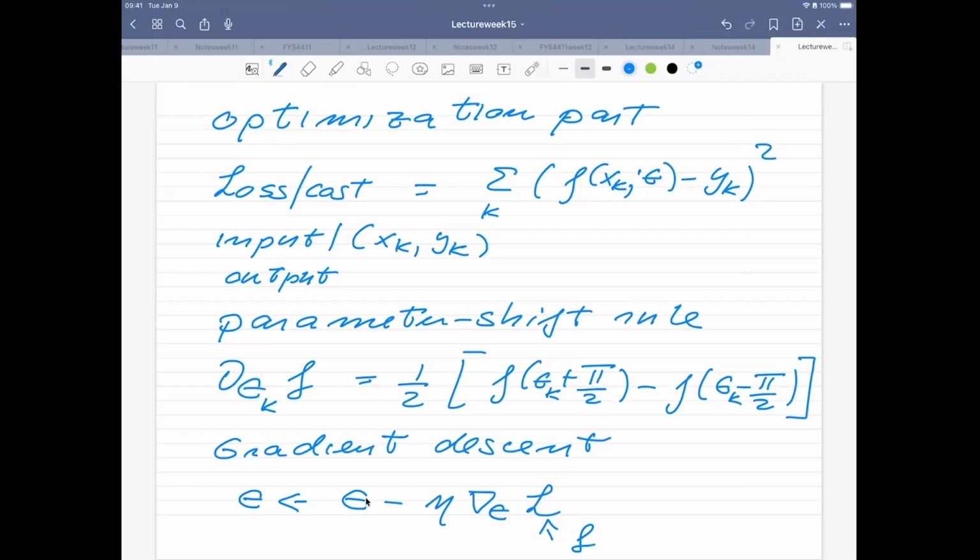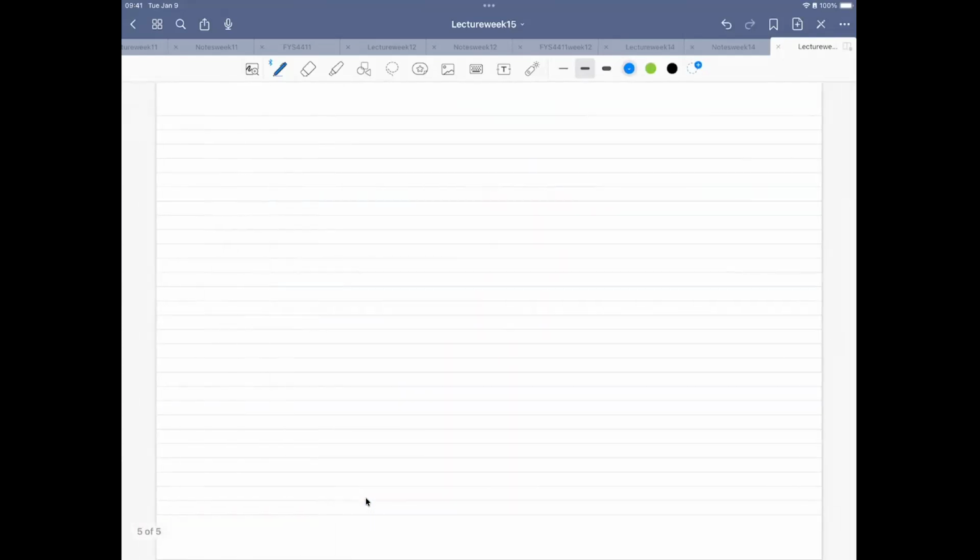Okay, so these are the basic ingredients which we need, but in this field, there is something which is called a natural gradient. And this is actually a preferred quantity for this type of variational optimization problems.